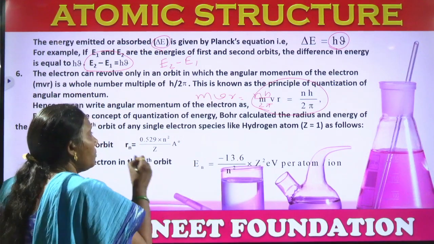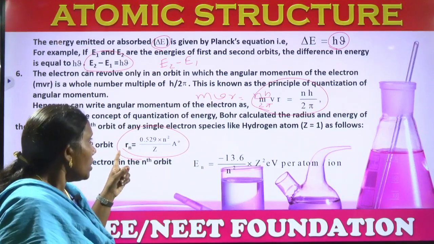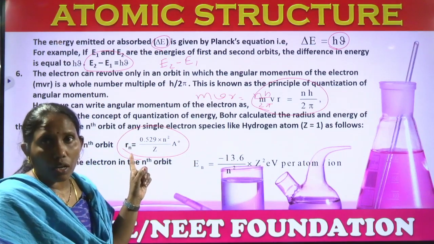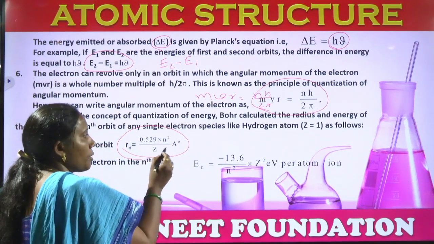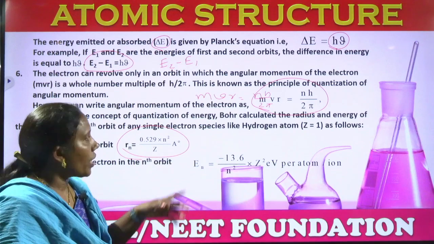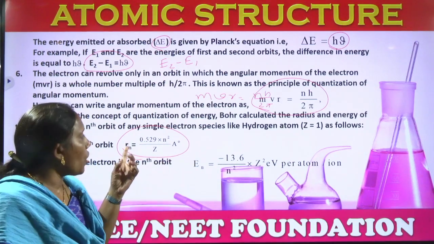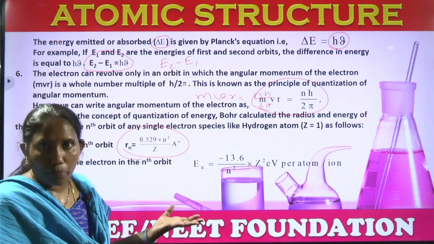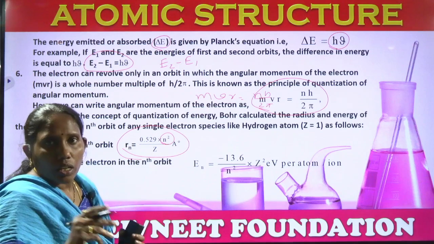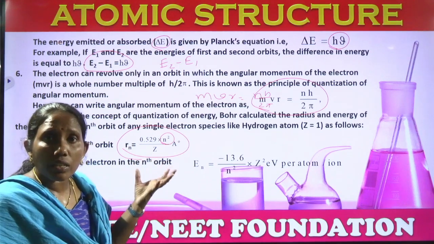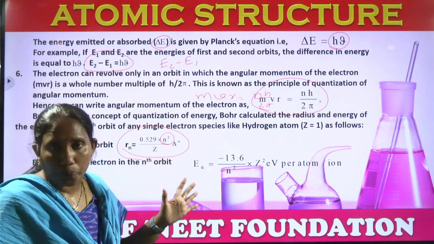See here, this is the radius of the nth orbit formula: Rn equals 0.529 into n square by Z angstroms. What is n? It means the orbit number. If you want to calculate the radius of the first orbit, in place of n you have to substitute 1. For the second orbit, substitute n value 2.